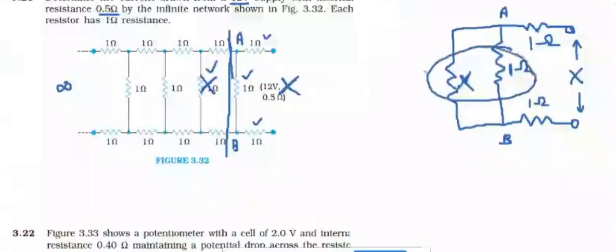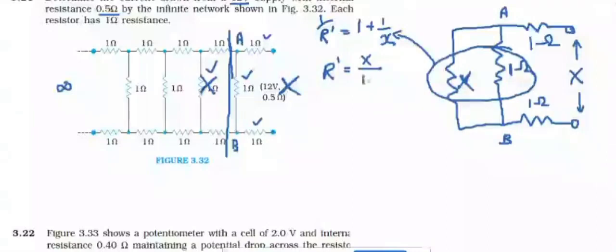The total resistance here we take as R dash. So 1 by R dash is equal to 1 plus 1 by X, or R dash is equal to X divided by 1 plus X. Take LCM and take the reciprocal.